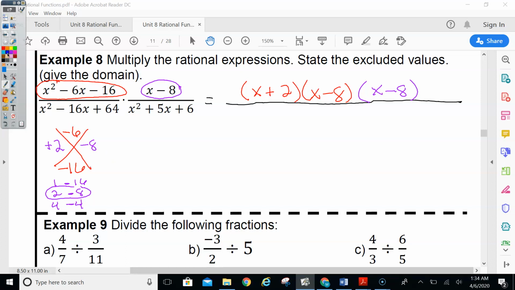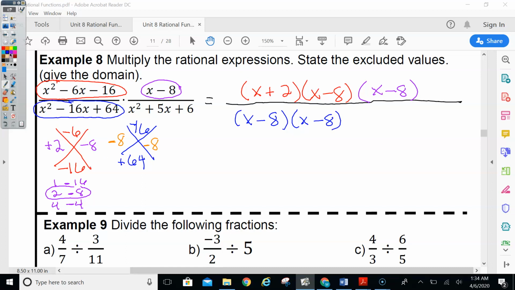Okay, what about the denominator here? 64 to get negative 16. Now 64 has a lot of factors. Just look at your page that you've already done and see which ones give you 64. Well, I know 8 and 8 give me 64. But to make a negative 16, I need these both to be negatives. So here, this one factors into x minus 8, x minus 8.